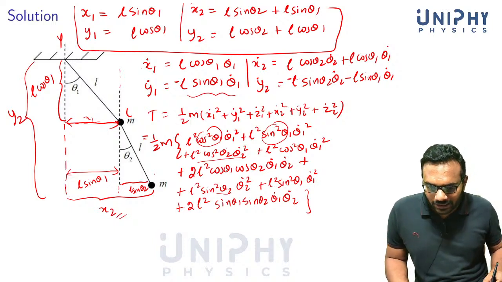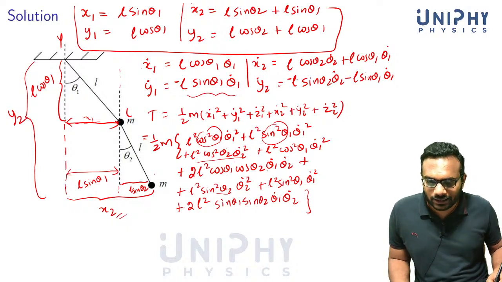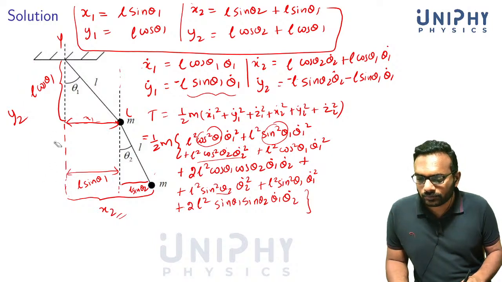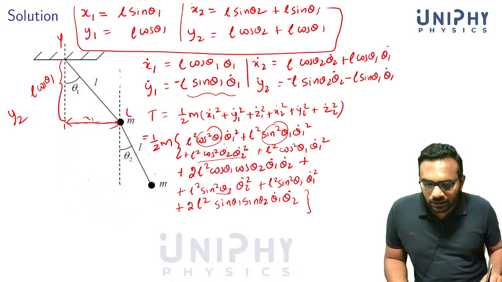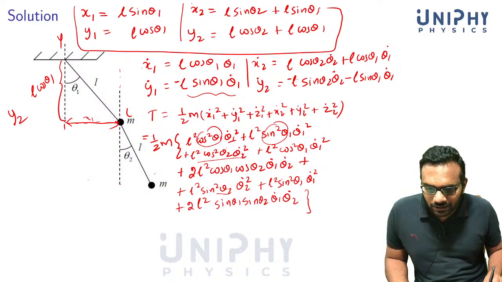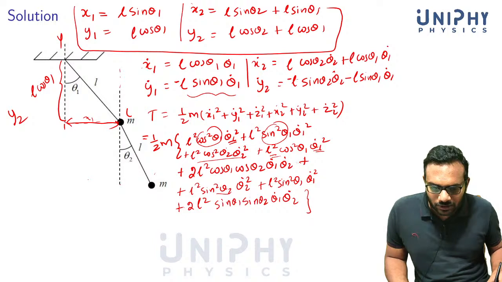All these terms will nicely combine, and finally you will get this result. If you combine this properly, there is an L square theta 1 dot square from here, and there is another L square theta 1 dot square from these terms.